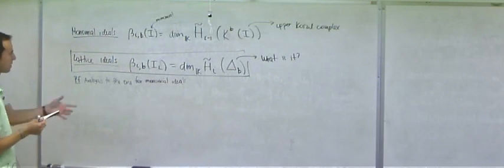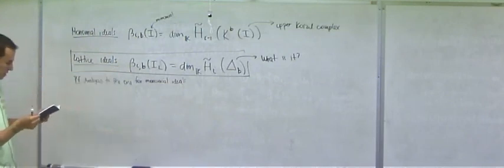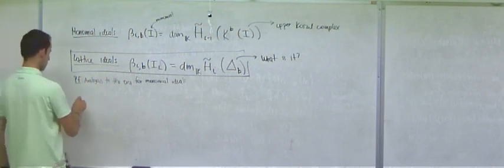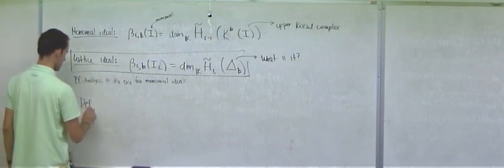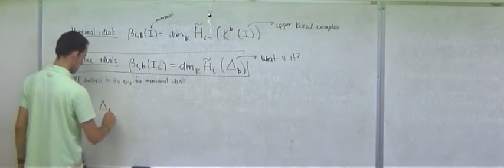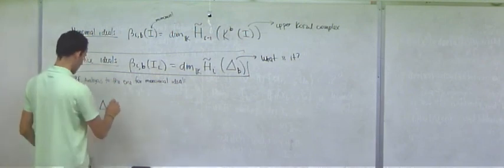Okay? So I need to tell you what this delta sub b is, and it's actually fairly simple. Delta sub b is the following thing.